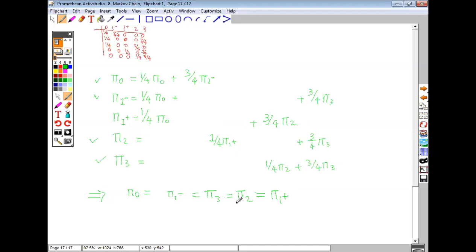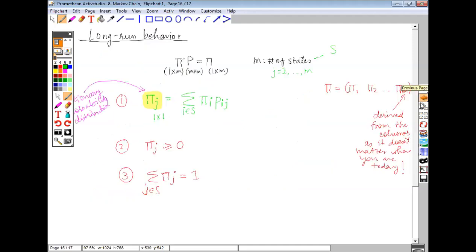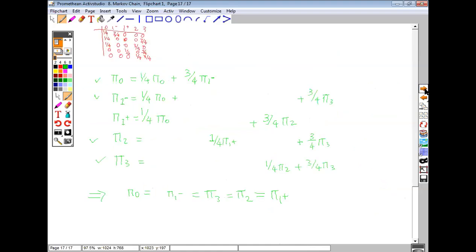And again, we also know that because this is a stationary distribution, so even forget that it's stationary, just for it to be a valid distribution, I know that all of these sums should be equivalent to 1.